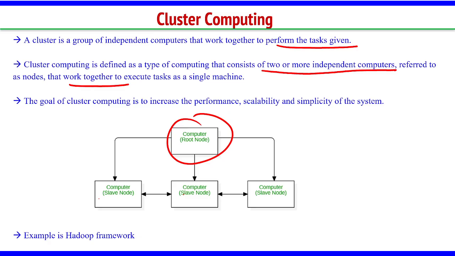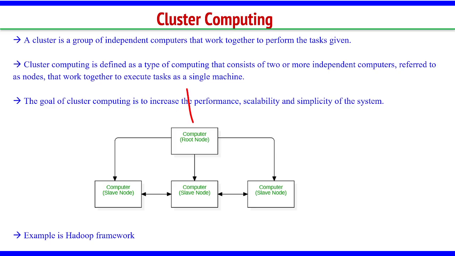But the user sees only one system, the root machine. The Hadoop framework is one best example which follows cluster computing, because in Hadoop programming we create clusters. When you study the course Big Data Analytics, you will talk more about Hadoop and cluster computing there. Simple: what is cluster computing? Connect all together and make a single large machine.